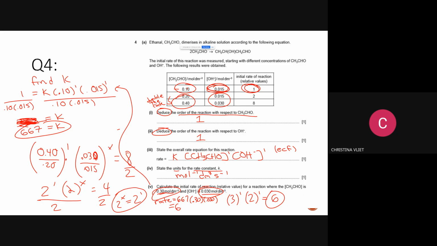So the other situation where the numbers might change and you can't figure out what's going on is if the order is 0. For question 2, you can come ask me about it during tutoring tomorrow, but the order of one of the reactants is 0. Use that to help you figure it out. I'm bringing that up so that you hopefully don't get as confused with it.